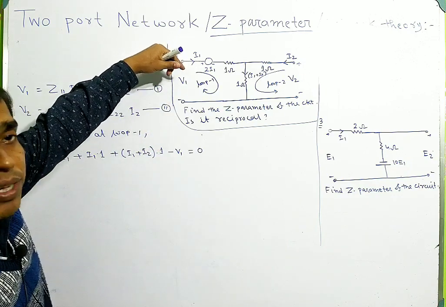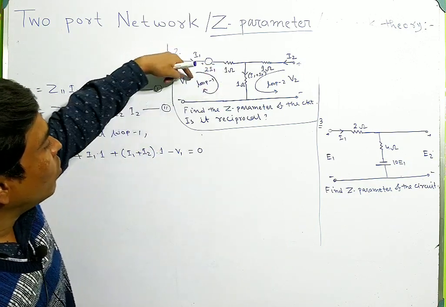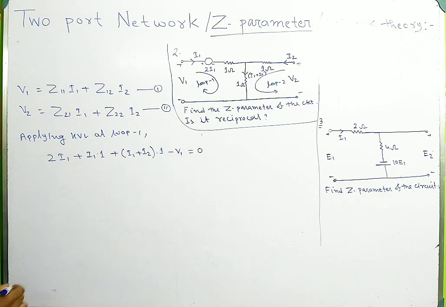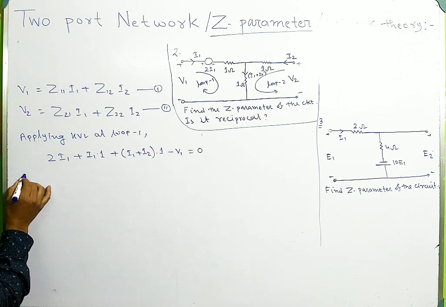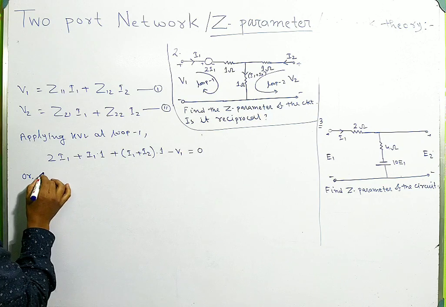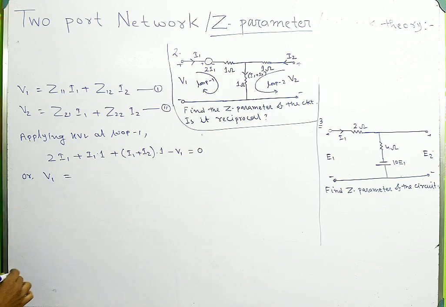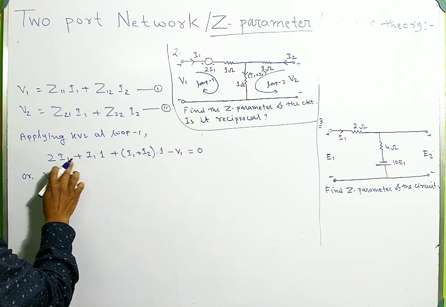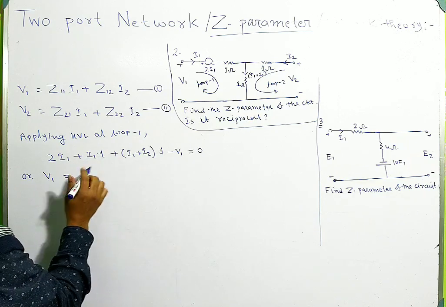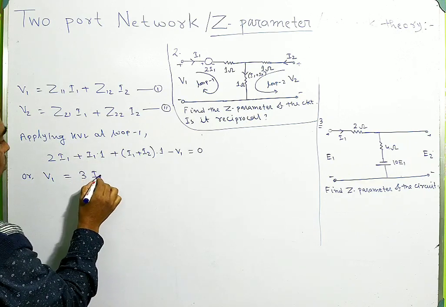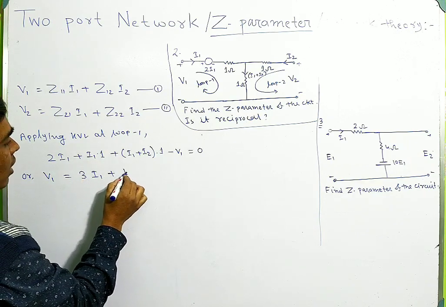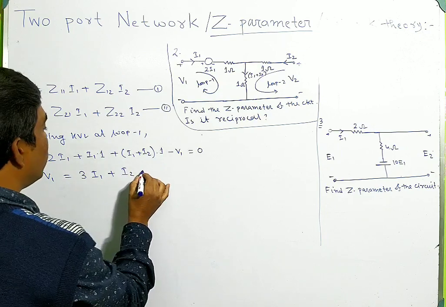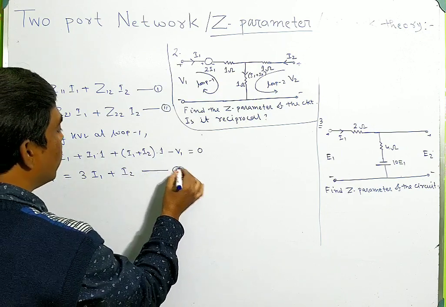So applying KVL at this loop we get this equation. So V1 equals 3 I1 plus only I2. This is equation number 3.